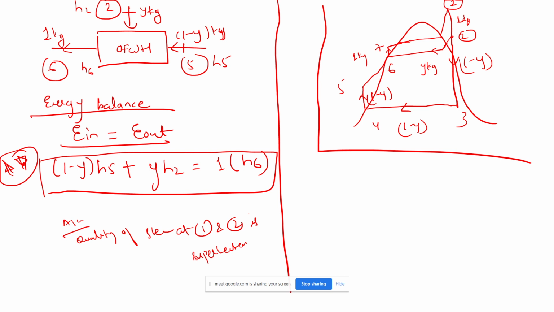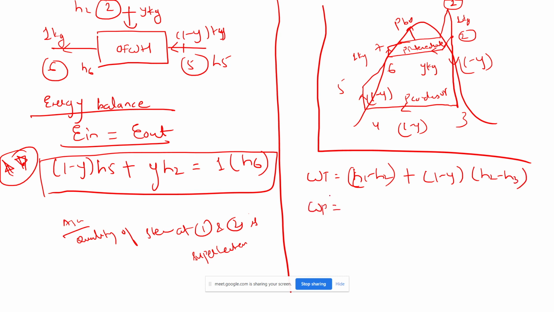Did you get the diagram? This is the boiler pressure. This is the intermediate pressure at which we are extracting the steam. This is the condenser pressure. So what will be the turbine work here? H1 minus H2, plus (1 minus y) into (H2 minus H3).